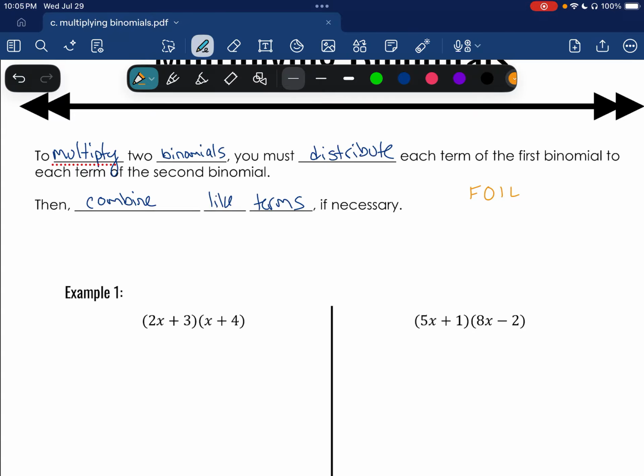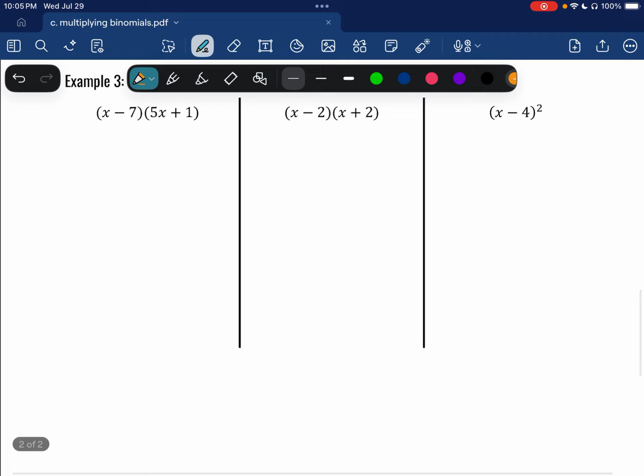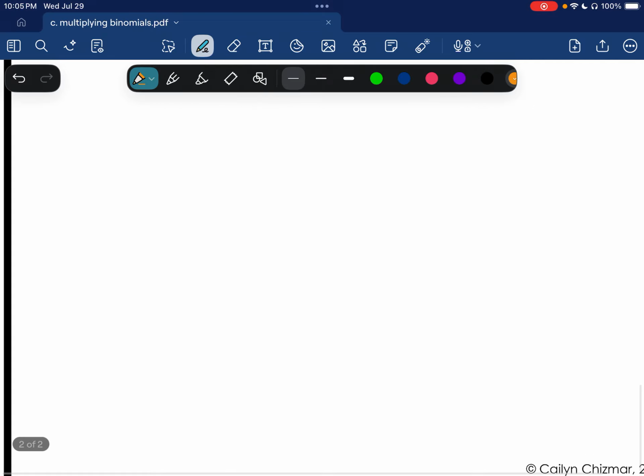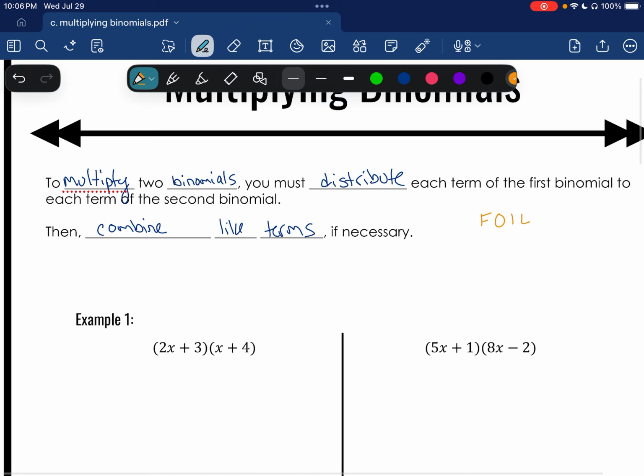So the issue is, it'll work for all these problems here, but then once we move on and we are talking about something a little bit more sophisticated, maybe a binomial times something larger, like a trinomial, suddenly here there's two terms, but here there's three terms, and this acronym doesn't teach me how to expand or multiply those.